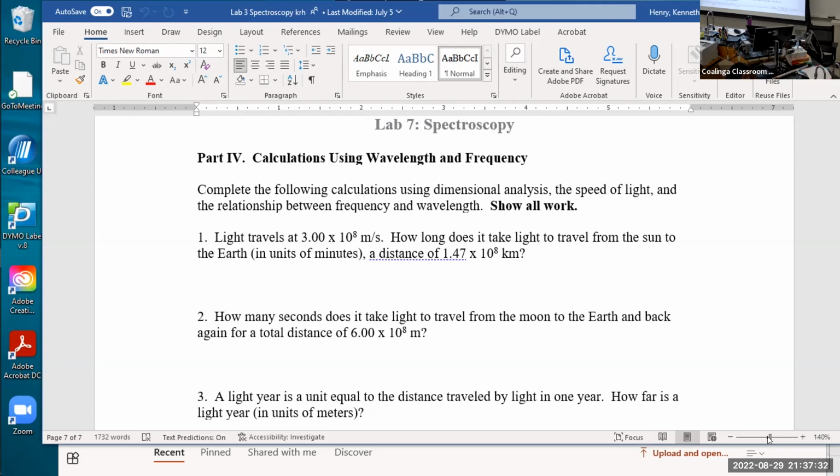So I have meters on top. Do I want meters? No, I want to get rid of meters. So I'm going to put meters on the bottom, with my 3.00 times 10 to the 8th, and I'm gonna put my seconds.